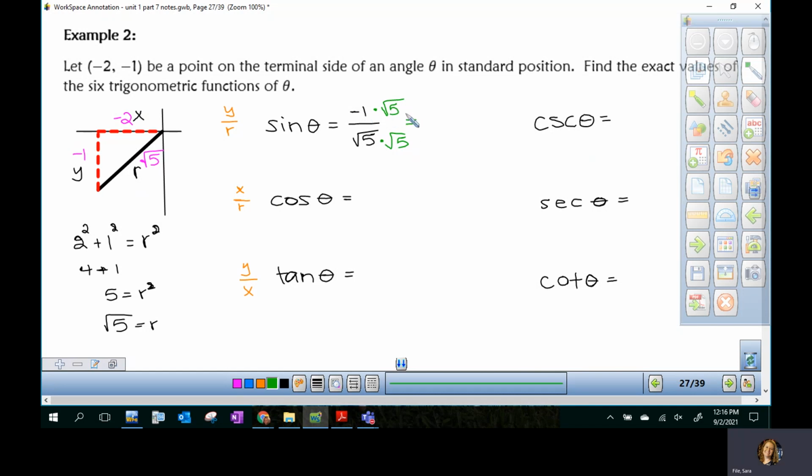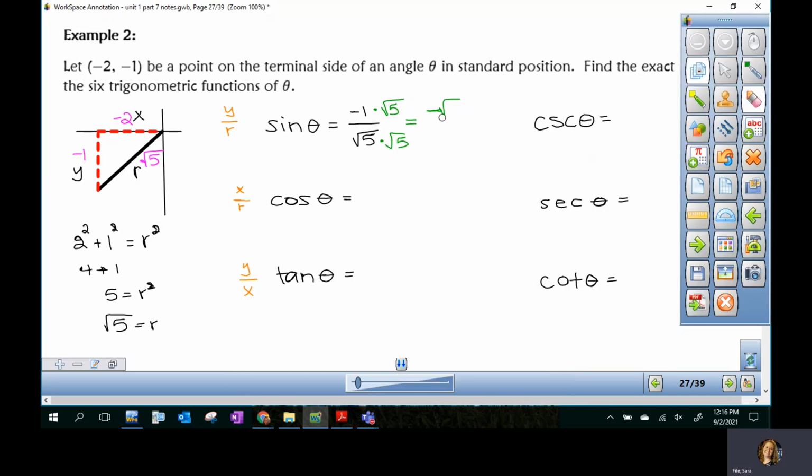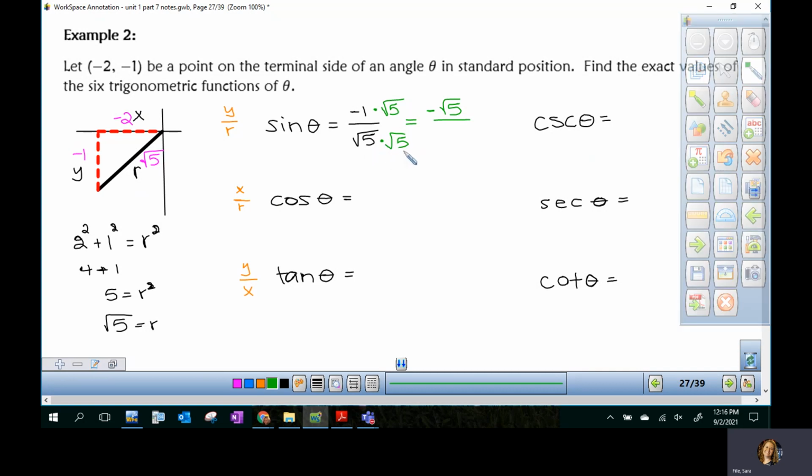Okay, so when we multiply straight across, that's negative square root of 5 over, and then the whole point in multiplying a radical by itself is to drop that radical, and it's just 5. Okay, what about cosine?